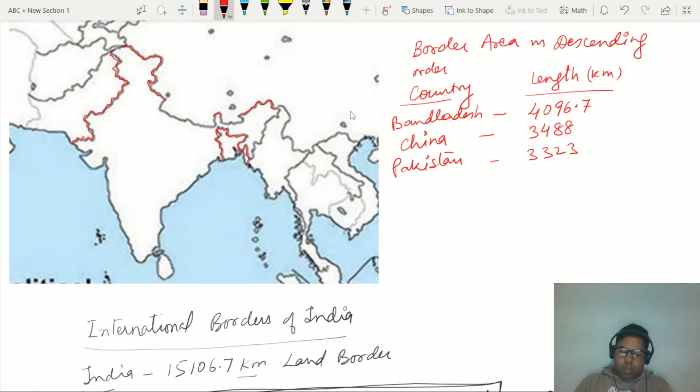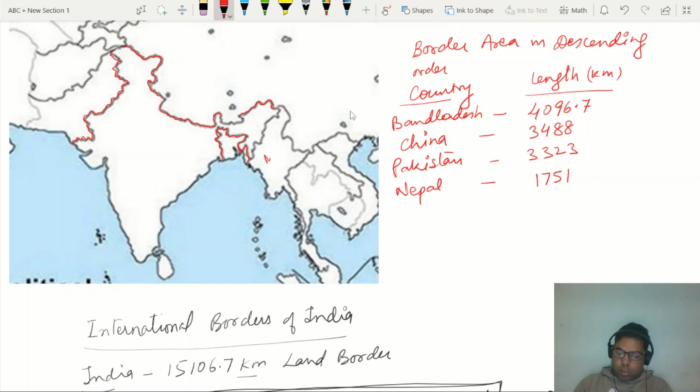Right. So then after that, next is Nepal. This whole border is of Nepal. Nepal shares a border with India of about 1751 kilometers. Right.